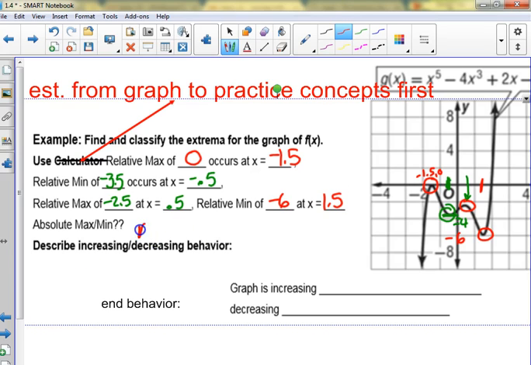Okay. Describe the end behavior. End behavior is up here. I'm going to put end behavior in here. The function is doing what on the what? What do you want me to say? If you go with left, we'd say negative infinity.